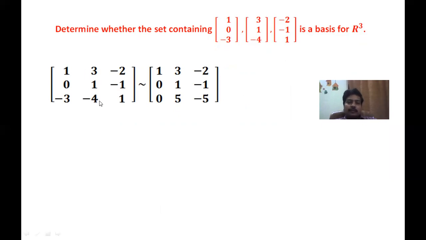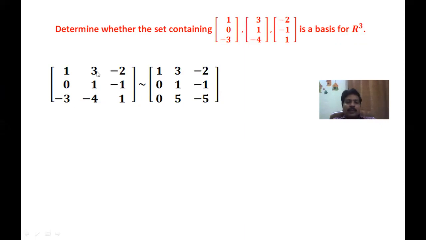This is the given matrix. The first row is as it is, the second row is also unaltered, and in the third row we are adding 3R1 plus R3. R3 goes to 3R1 plus R3.